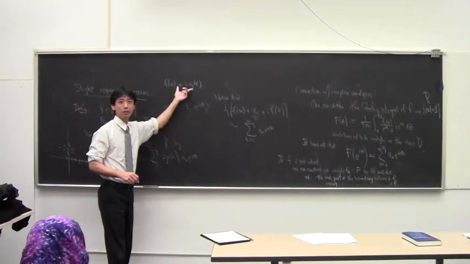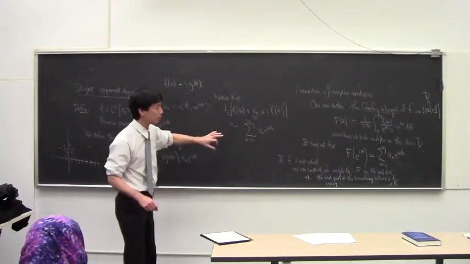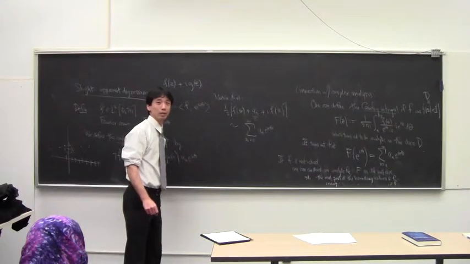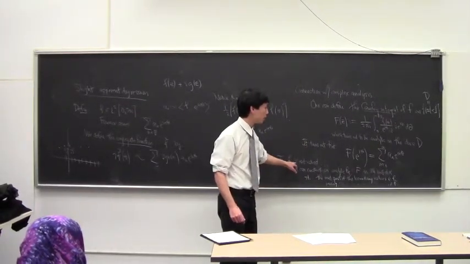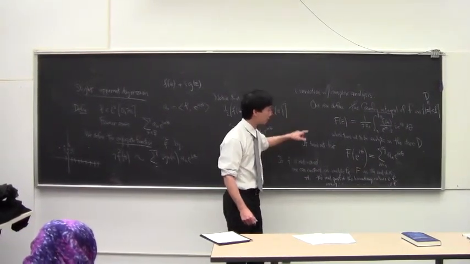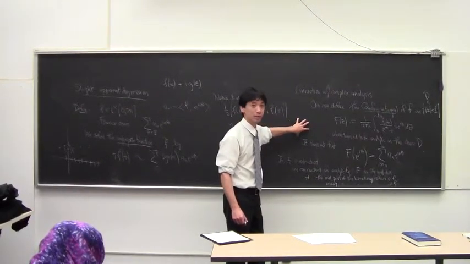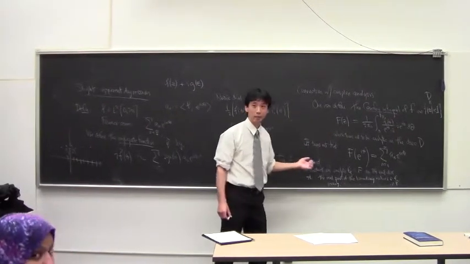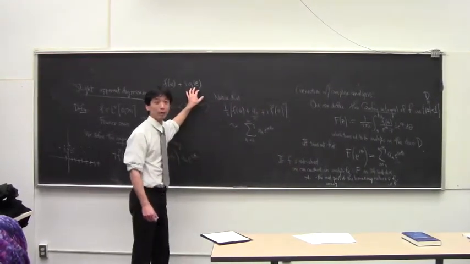And this is sort of answering that question. It says that you can construct a function that's analytic such that on the boundary, the real part is f, and the imaginary part is this f twiddle. So this f twiddle, in some sense, is what you add on, the g that you're looking for.